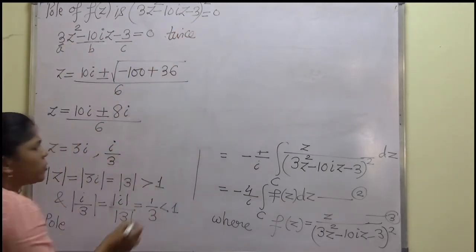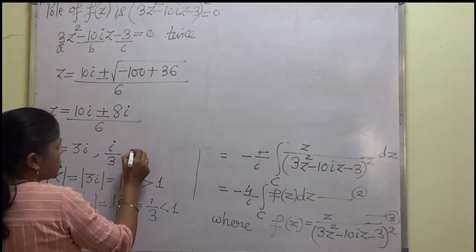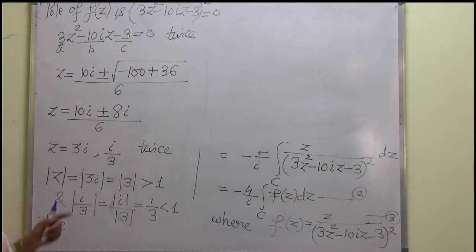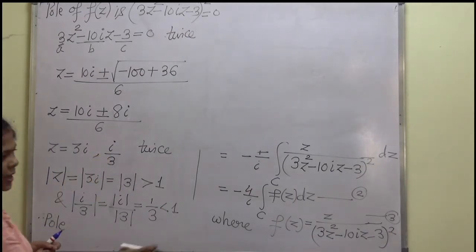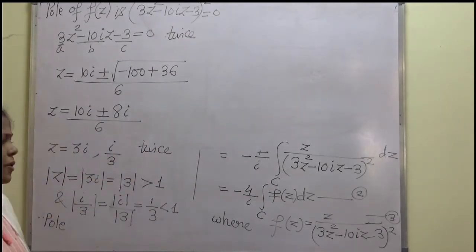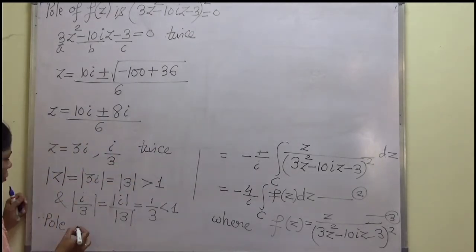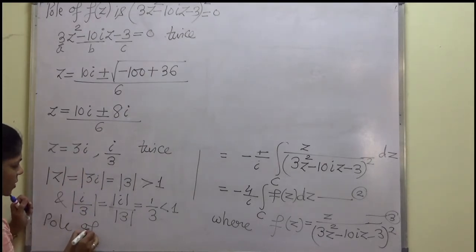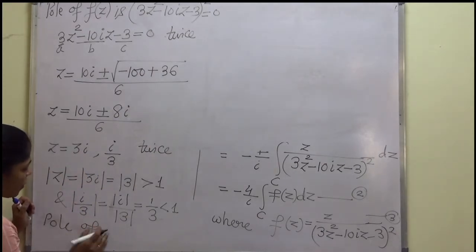So each value which we are getting here is occurring twice. Just note this down: as we have a square of this in the denominator, each of these values will occur twice. So as each value, that is z equal to 3i and i by 3, occurs twice, it is a pole of order 2.